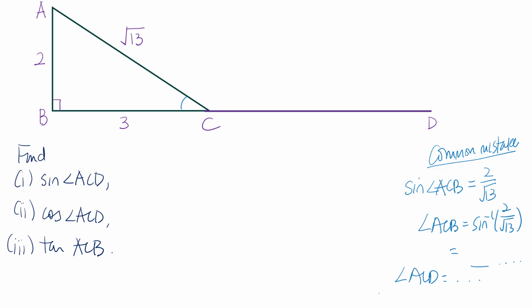And then they take the sine of the angle, and the ratio they get will have a lot of decimal places. So this is an incorrect way of solving this problem, because the sine ratio that we are going to find for angle ACD would be an exact value, not one with a lot of decimal places.